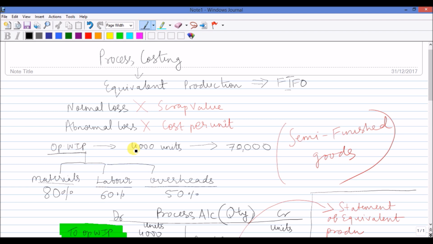Opening work in progress can also be termed as semi-finished goods. Now this opening work in progress is divided into materials, labor, and overheads. It means 80% of the materials have been consumed, 60% of the labor has been done, and 50% of the overheads have been absorbed by these particular units.